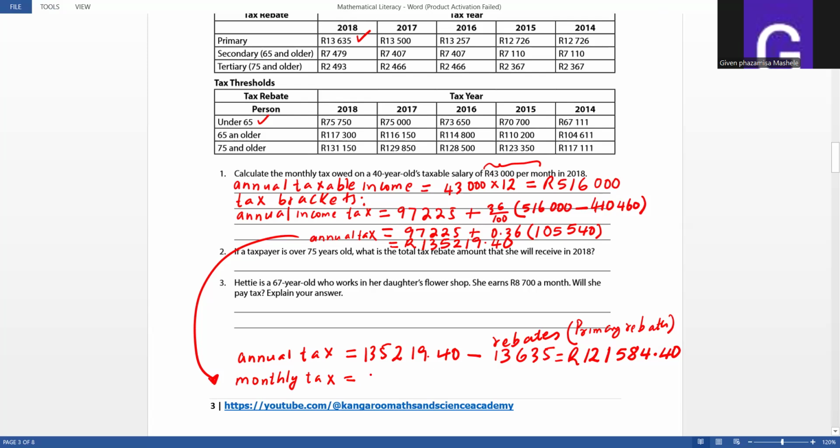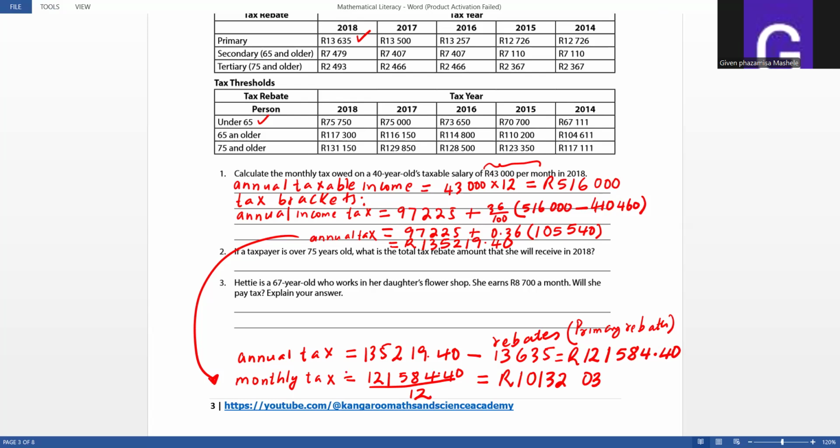So we take 121,584 rand and 40 cents and divide this by 12, and this will give us a monthly tax of 10,132 rand and 3 cents. So it's 10,131 rand and 3 cents.